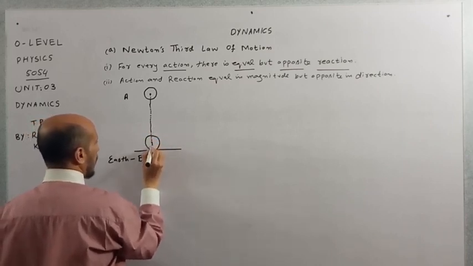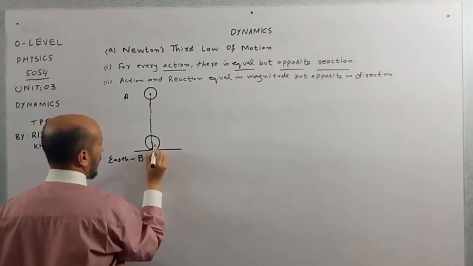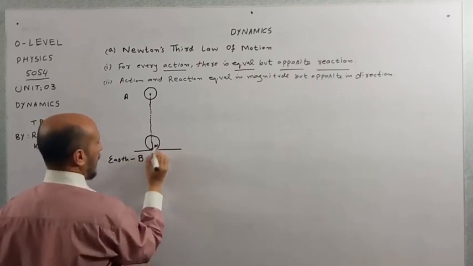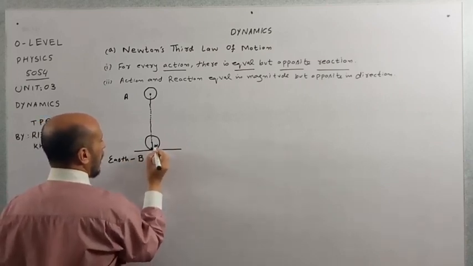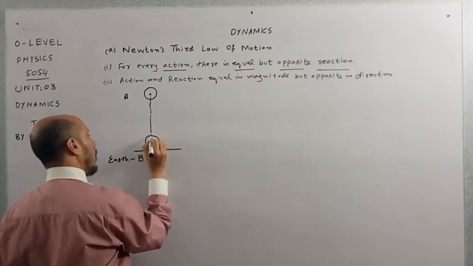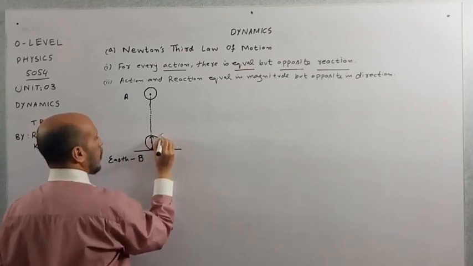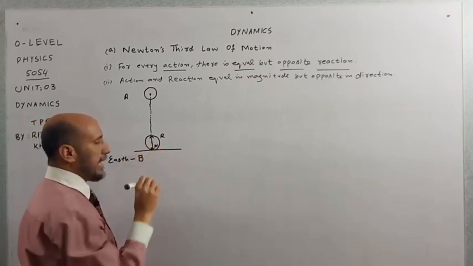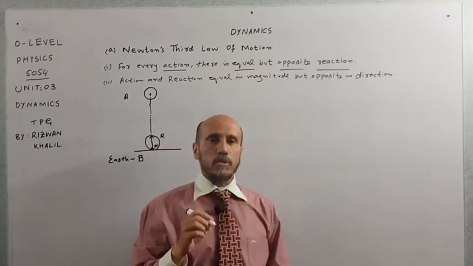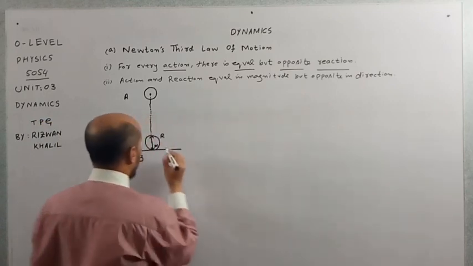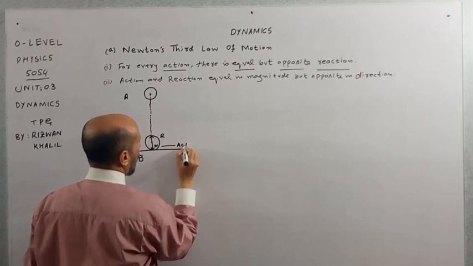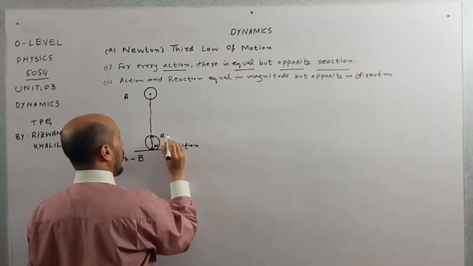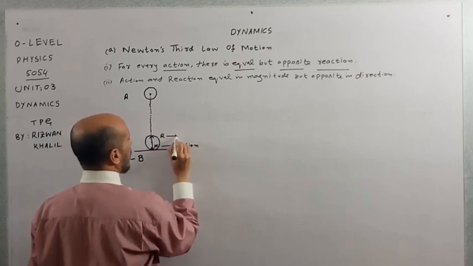It will exert a force on the earth in downward direction, which is its weight. As a result, the earth will also exert a force on the ball in upward direction, which is called reaction. So the weight, the force exerted by the ball on the earth, was its action, while the force applied by the earth on the ball in upward direction was reaction.